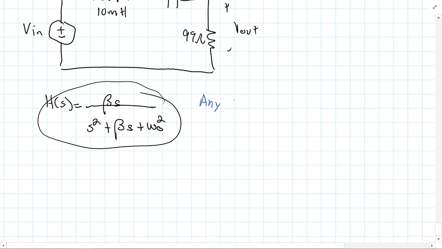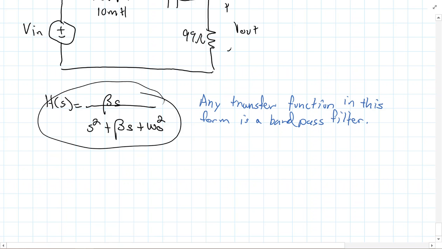Any transfer function in this form is a bandpass filter. So if we came up with another circuit and it had the same transfer function like this, it's another bandpass filter. Alright, let's end here.